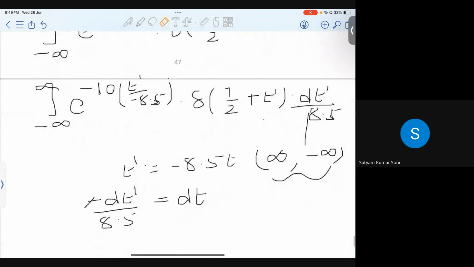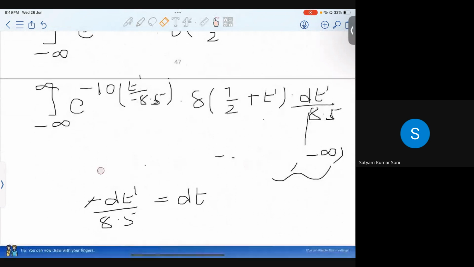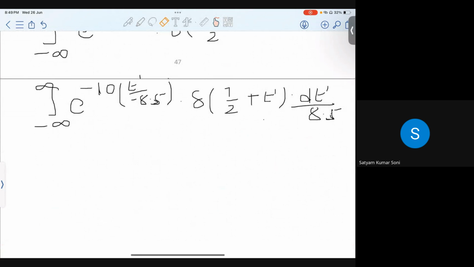Yes, ma'am. This is all right, no? So now from here, you know how to evaluate, right? Your t naught is now what? Minus 7 by 2, right? Because we have seen the del of t minus t naught form. So your t naught is minus 7 by 2.